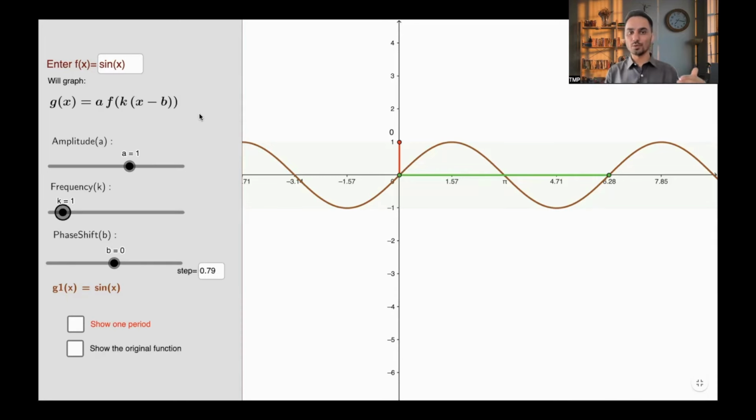And we can include plus c, which will give you vertical shift. And obviously, we'll talk about the period as well.